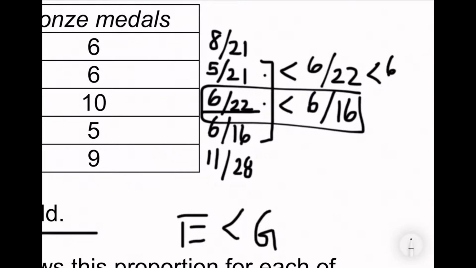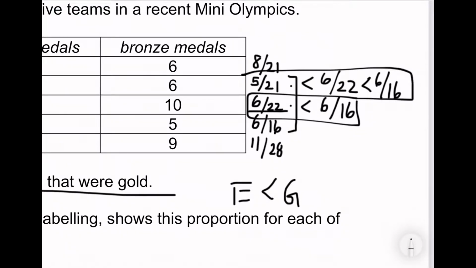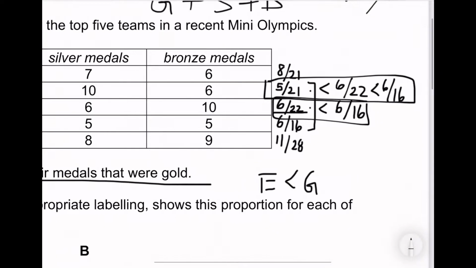So that's 6 out of 16, right? Because if 6 out of 16 is larger than 6 out of 22, and 6 out of 22 is larger than 5 over 21, then obviously 6 over 16 would be larger than 5 over 21. So this will be our jumping off point.